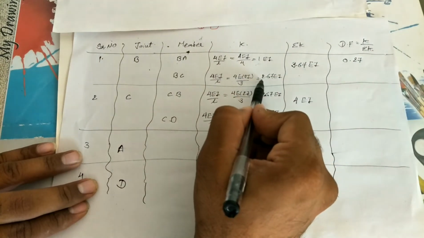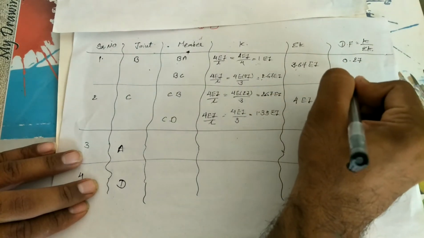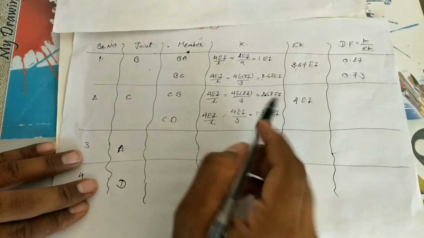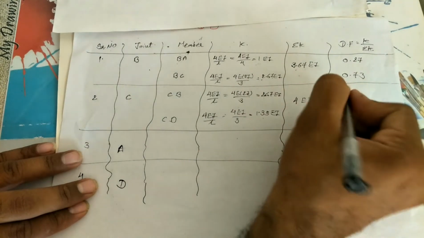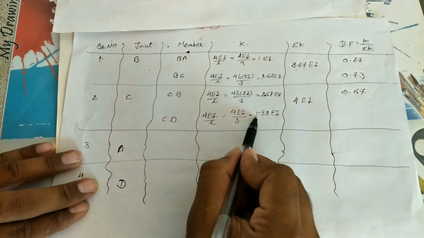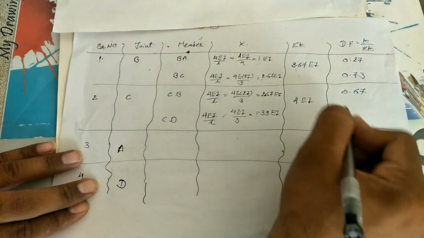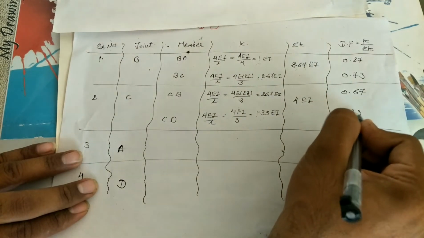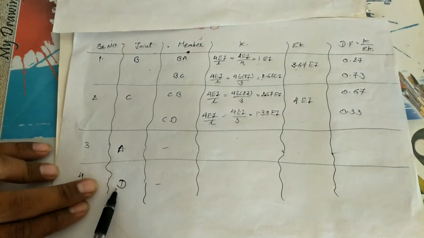Again this is 2.67 divided by 3.67, EI gets cancelled. This answer is 0.73. Same for this case, 2.67 EI divided by 4EI, so that answer is 0.67. And about this, 1.33 divided by 4EI, so that is 0.33, EI gets cancelled.